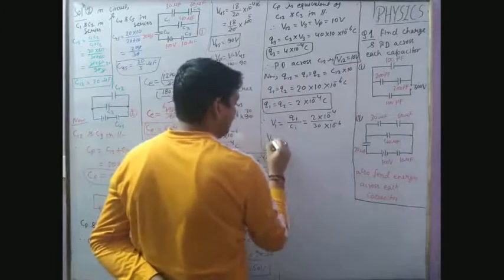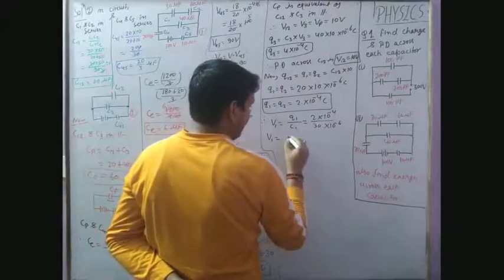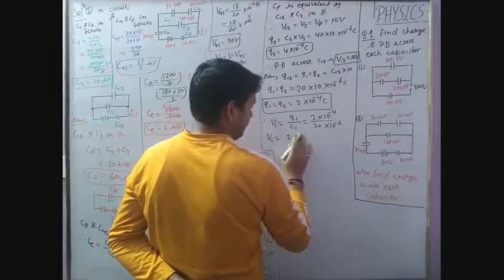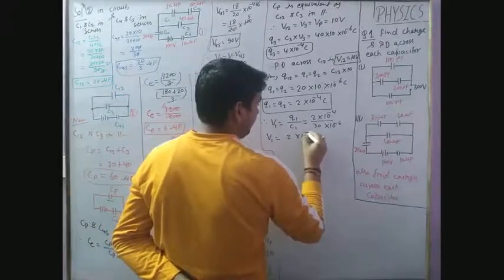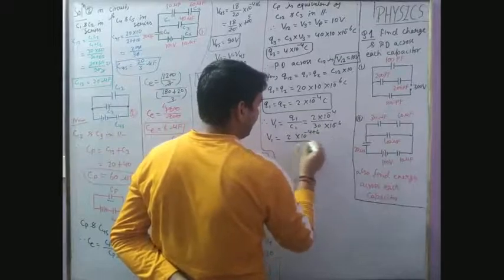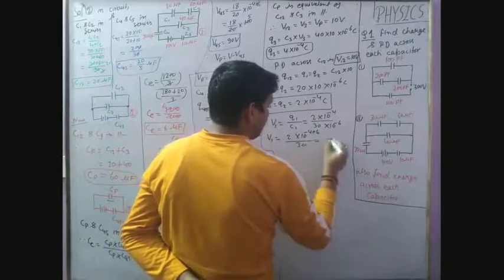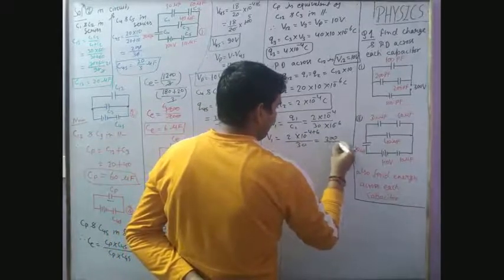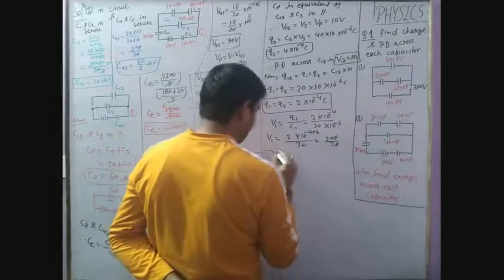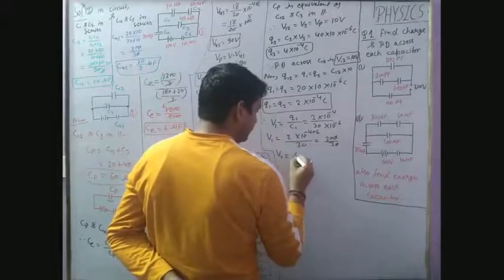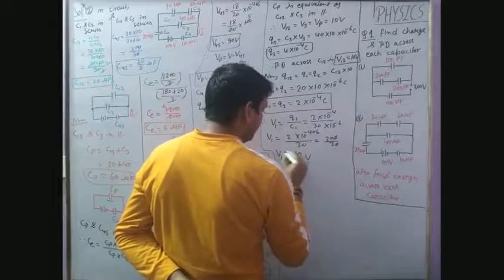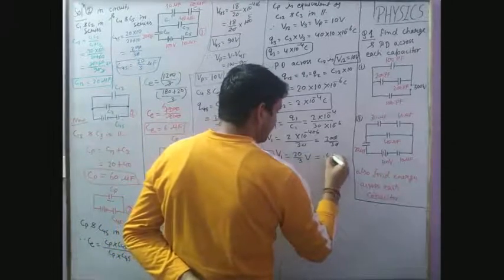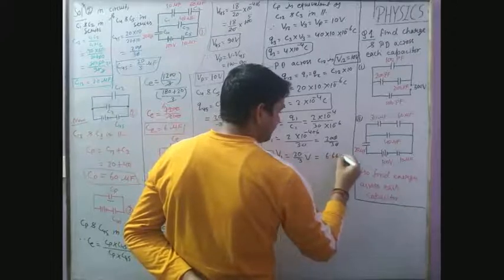That is V1 is equal to 2 into 10 to the power minus 4 plus 6 upon 30, which is 200 upon 30. So you get V1 is equal to 20 by 3 volt or 6.66 volt.